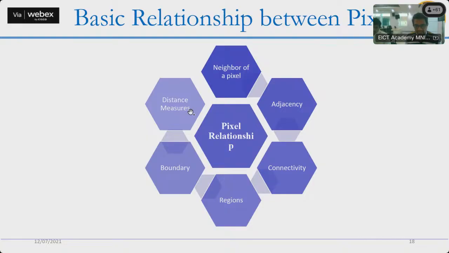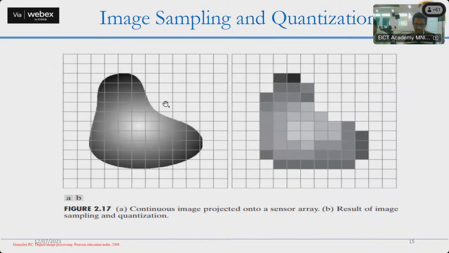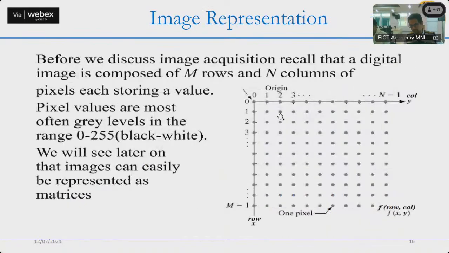Another thing is the distance measure. What do we mean by distance measure? For example, x1 minus x2 whole square plus y1 minus y2 whole square. So the distance measure is based upon the spatial location of the pixel. As we have already seen in our image, this goes from 0 to N minus 1.